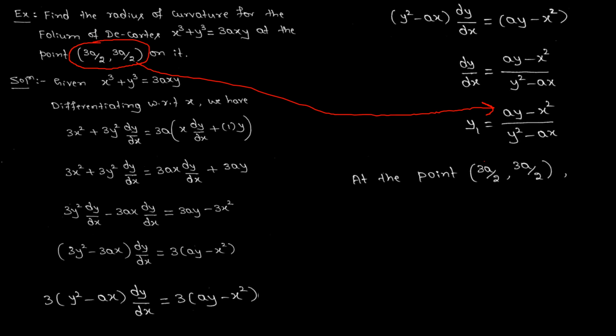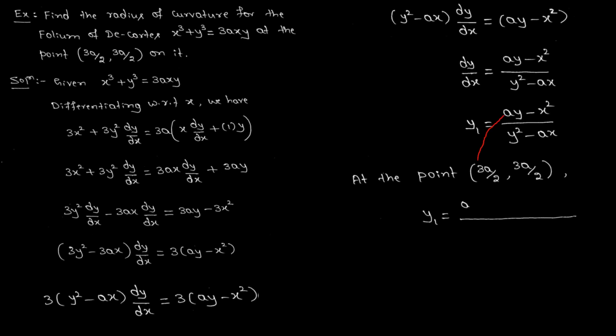In the place of x we'll put 3a by 2 wherever x is there, and in the place of y as well we will put 3a by 2 and simplify. a as it is into y, in the place of y 3a by 2 we will write, then minus x square, that is 3a by 2 the whole square, whole divided by y square, that is 3a by 2 whole square minus a into x, that is 3a by 2.